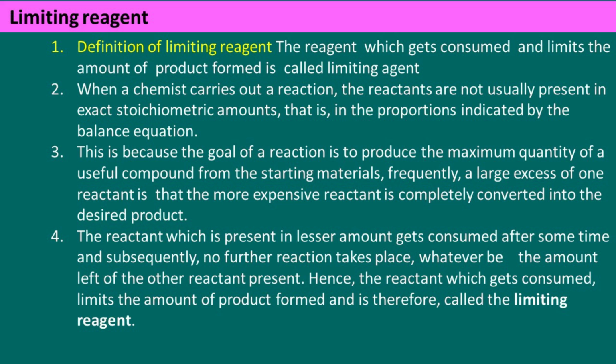In this first point, when chemists carry out a reaction, the reactants are not usually present in the exact stoichiometric amount, that is, in the proportion indicated by the balanced equation. Number 2, this is because the goal of a reaction is to produce the maximum quantity of useful compound.